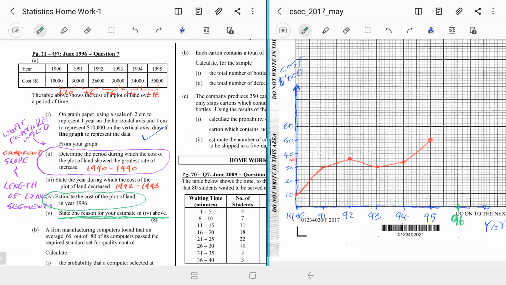But there's a decrease right here. Yes, sir, but in the 3 years right before 1996 there was an increase. So that's what I think, that it would increase. So what do you think will be the estimate for that value?